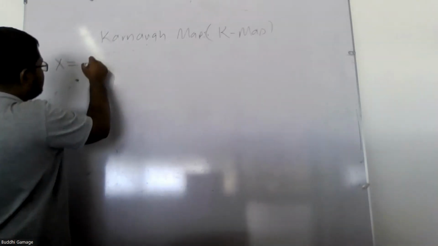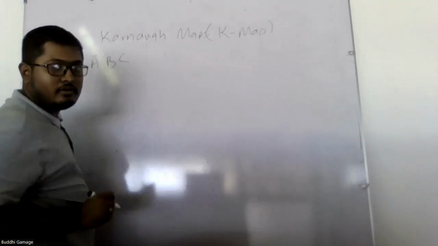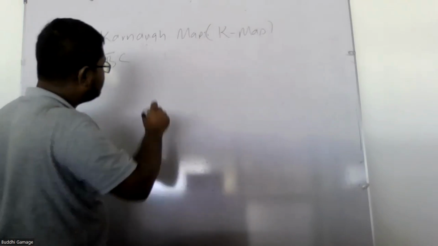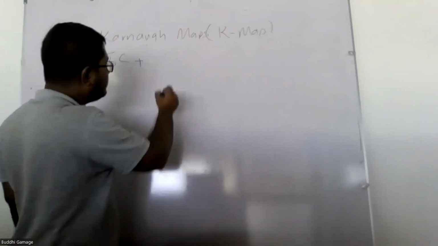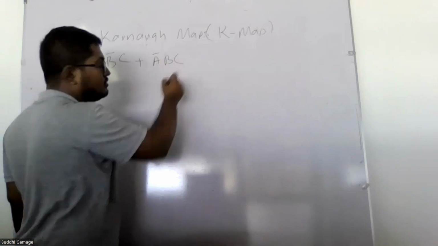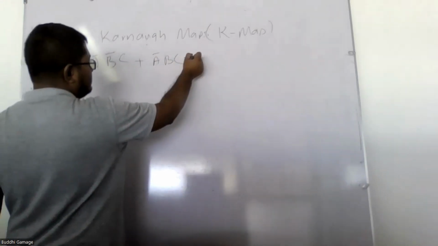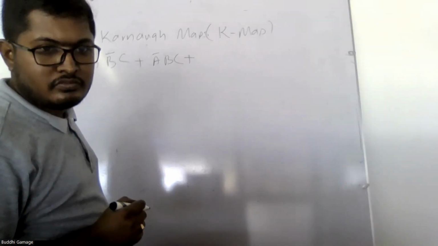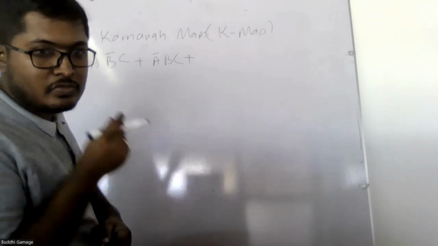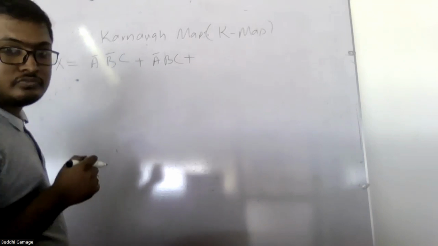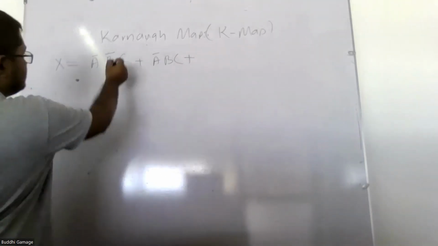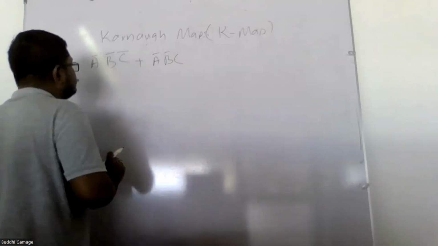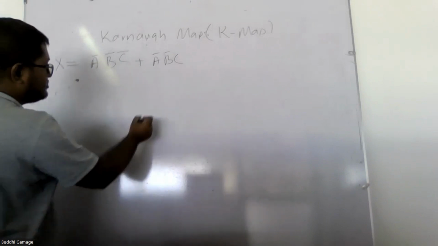So it's A bar, B bar, C bar, plus A bar, B, plus A, B bar, C bar, plus B bar, C. Yeah, shall we do this one?